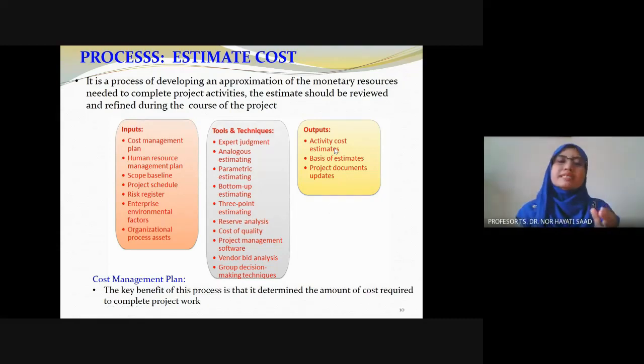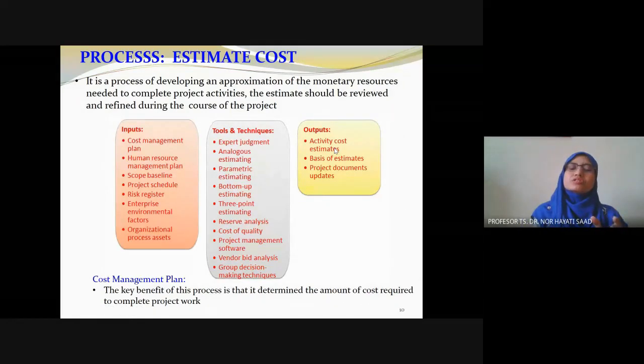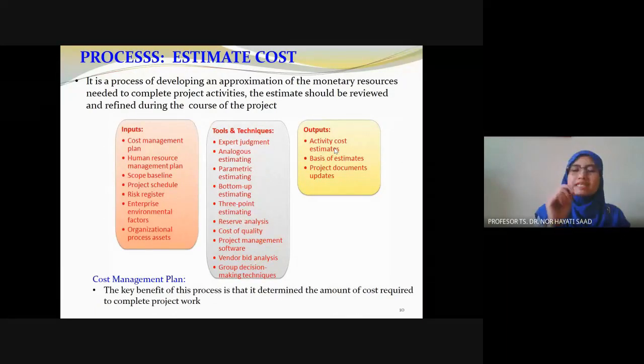So knowing this detail, we estimate cost, and later we will do budgeting properly, and that will be the cost baseline. This cost baseline is very important. It will determine the gross and net profit later.